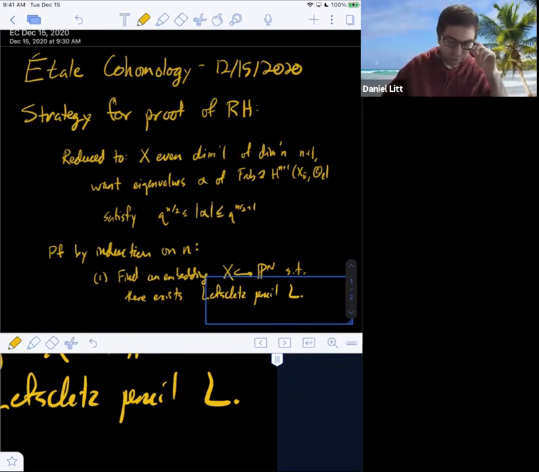And then we said that for an arbitrary smooth projective variety, the square of a very ample bundle always admits a Lefschetz pencil over an algebraically closed field.